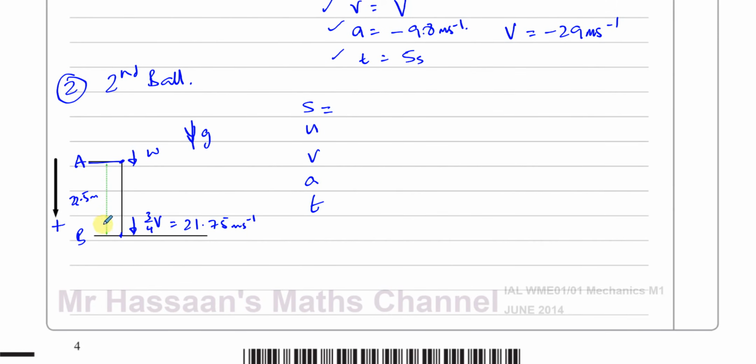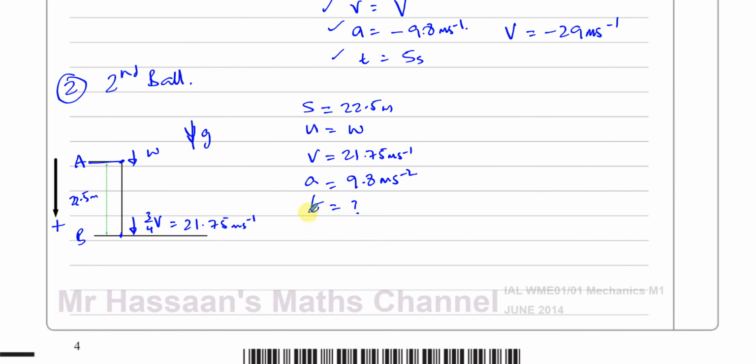It's going down 22.5 meters, which is our positive direction, so it's a positive 22.5 meters. Our initial velocity is W, which we have to find. Our final velocity is going downwards, 21.75 meters per second, so it's positive. The acceleration due to gravity is also down, so it's positive 9.8 meters per second squared. And the time I don't know.